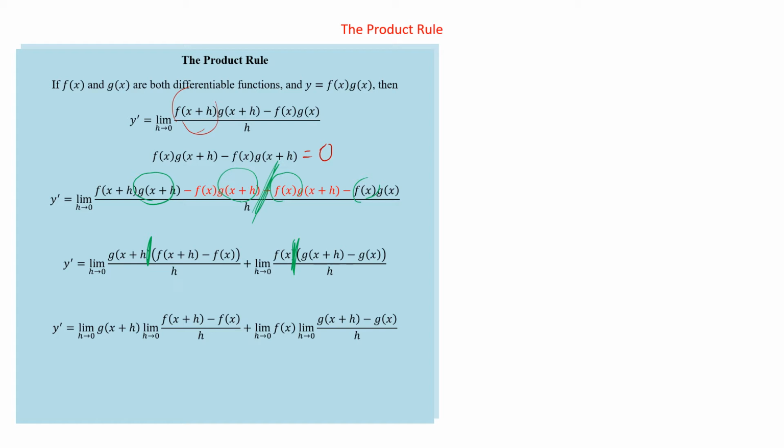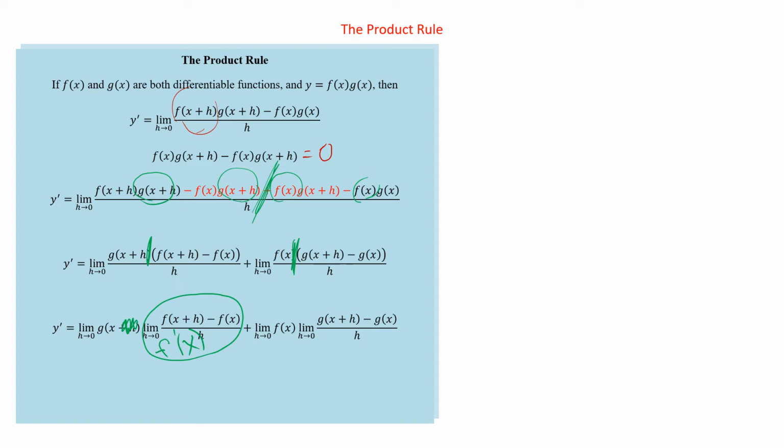And this doesn't particularly look all that great, but we are actually almost done with this derivation. Because when we take the limit, g of x plus h goes to g of x. And then this one, the limit as h goes to 0 of f of x plus h minus f of x over h, this is the derivative. That's just f prime of x.